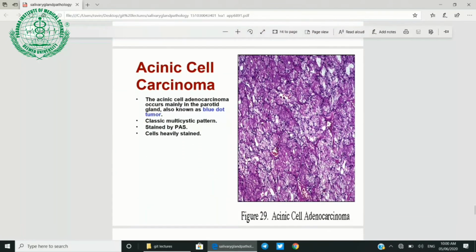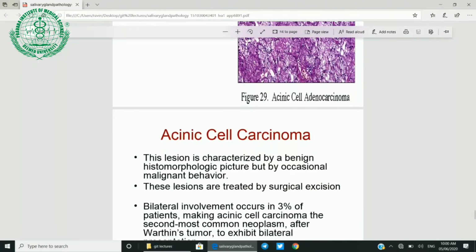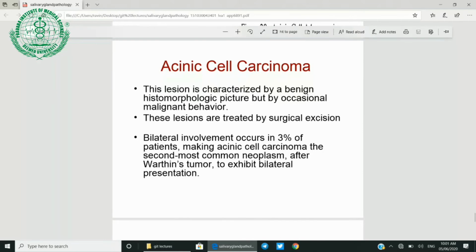The third malignant tumor you ought to know is acinic cell carcinoma. As you all know, it arises from the acini of the salivary glands, and it commonly occurs in the parotid gland. It is also called a blue dot tumor. Again it is a multicystic pattern, and the cells are very heavily stained.